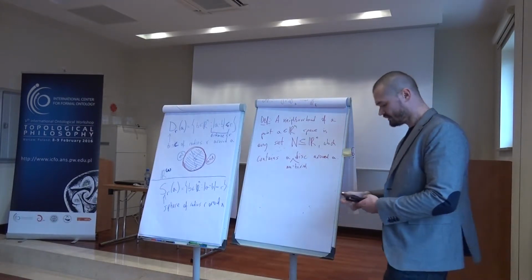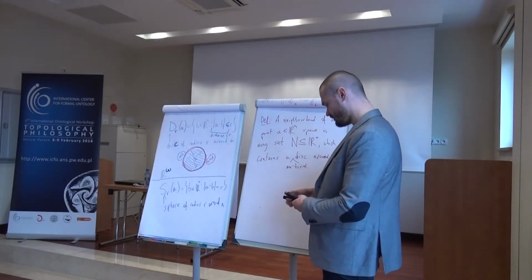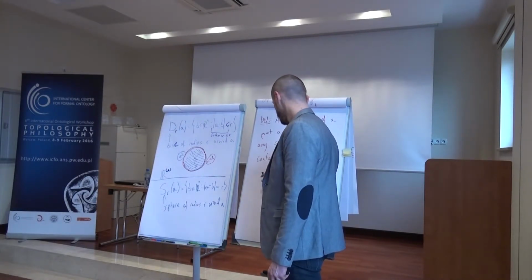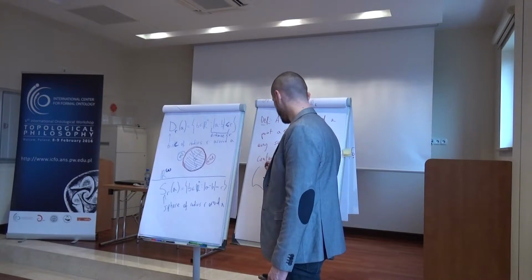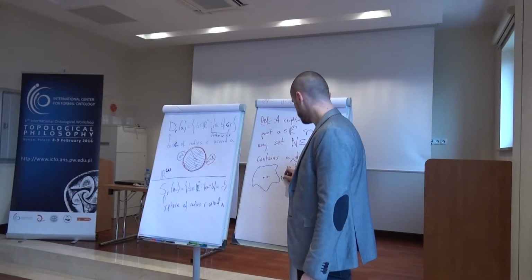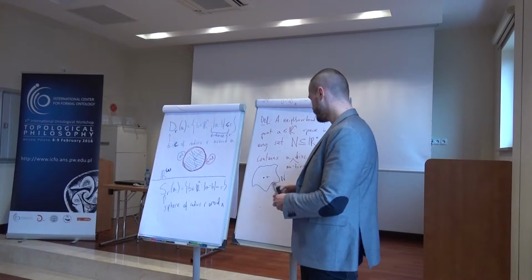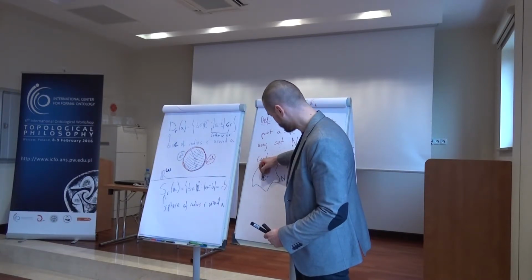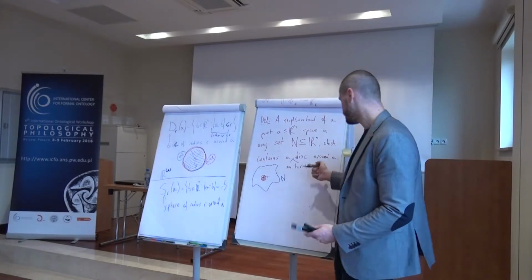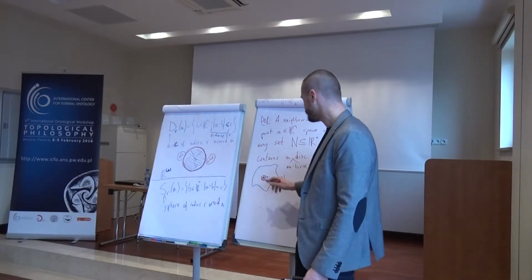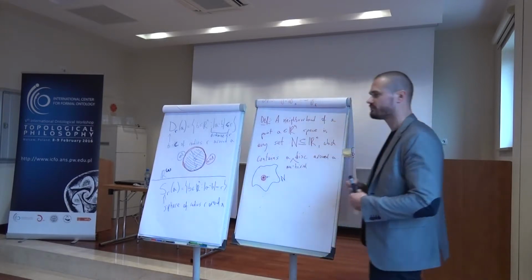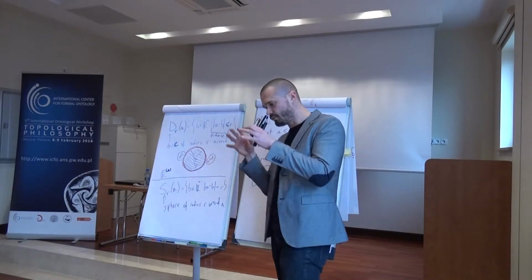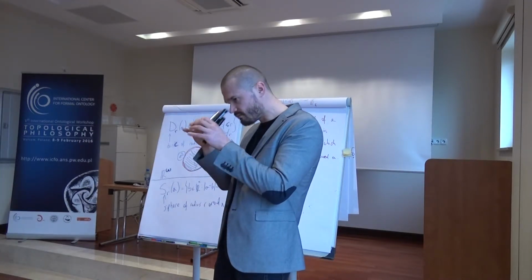So, for example, to draw a picture, you have a point A, and you have a set N. And if there is a ball, a disk around A that is contained in N for some delta, for some radius, then it's a neighborhood. So every time you have a set into which you can put the point A with some disk around, then it's a neighborhood.